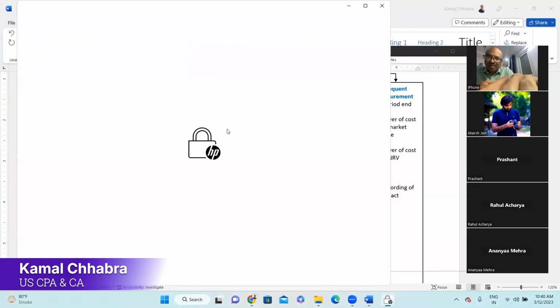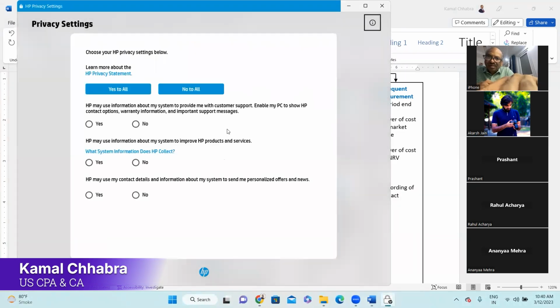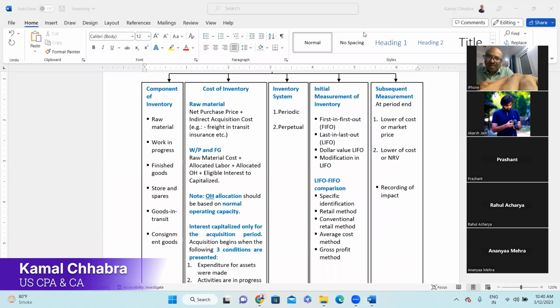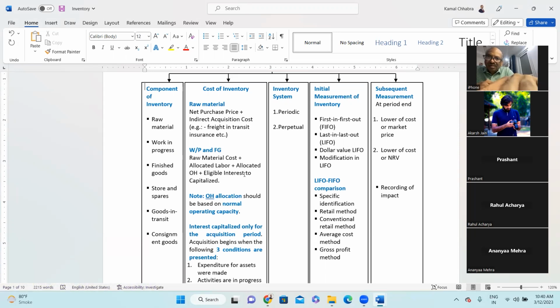First, total labor cost. What all comes in the labor cost? All the people who are working on a production floor. Second important thing is how you allocate to the respective inventory item. That is based on, like I said, the number of hours invested in each category of work. That can be one way. Some companies use machine hours, some use units of production.